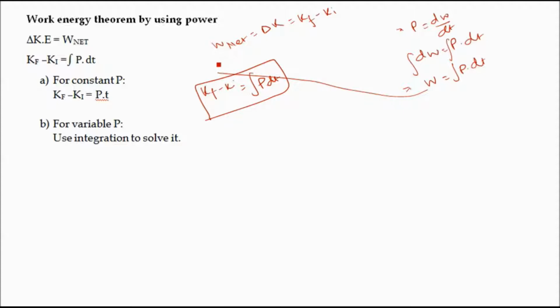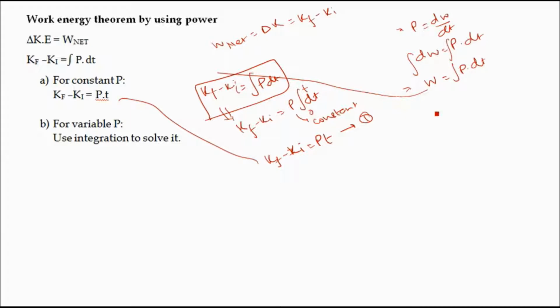Suppose the power is constant, then we can take P outside. So Kf minus Ki is equal to P integration of dt, and if I limit it from 0 to t, then we get Kf minus Ki is equal to Pt, which is the equation written here.